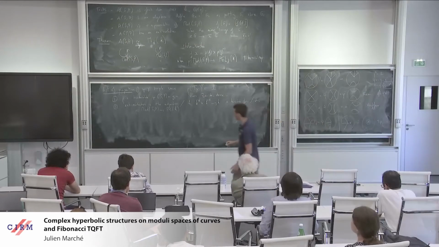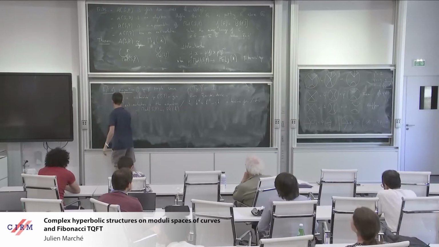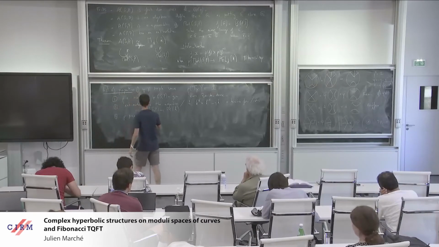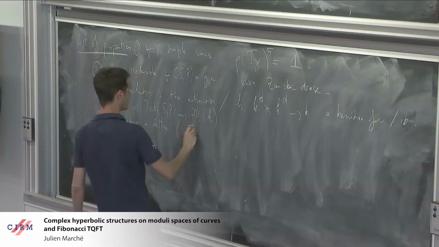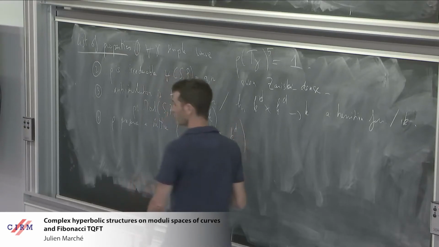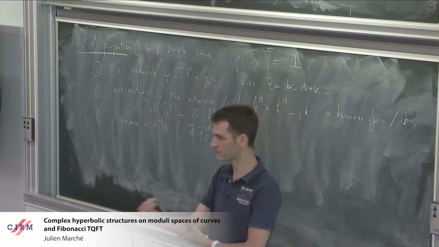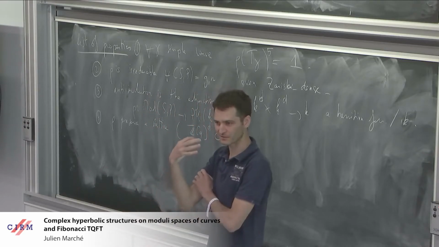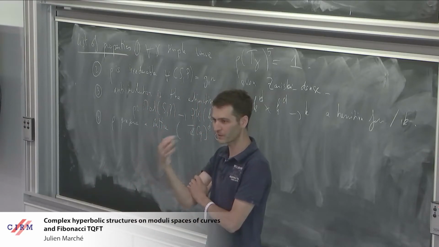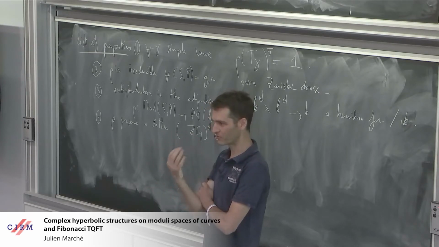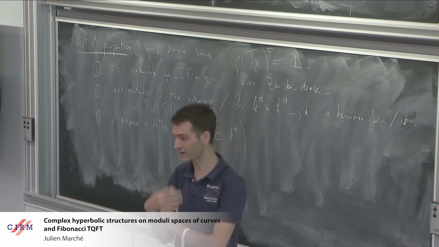There is something which I will not say. So rho preserves a lattice, I mean Z over Q to the D included in K to the D. So this means there is a preserved lattice. I will not tell any more about it, but it means that everything I'm talking about is arithmetic. So all complex hyperbolic manifolds I construct are arithmetic.